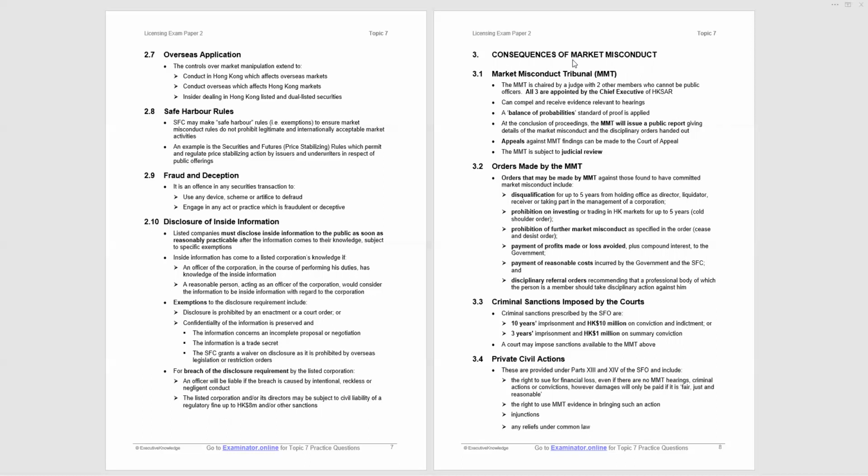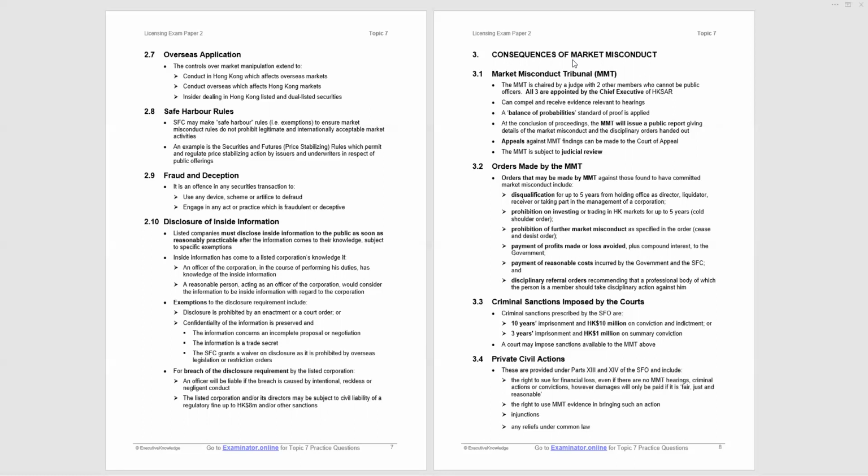Right at the bottom of page 7, it says listed corporation and or directors may be subject to civil liability or a regulatory fine of up to 8 million and or other sanctions. Now, there is an exemption to the disclosure of information, and that's to do with takeovers and mergers, and that is covered if you look at the 3rd bullet point under section 2.10.